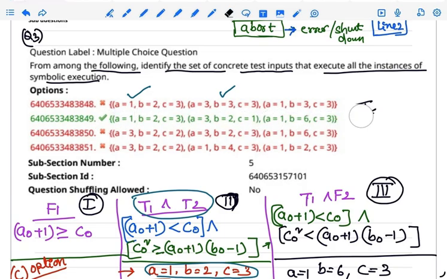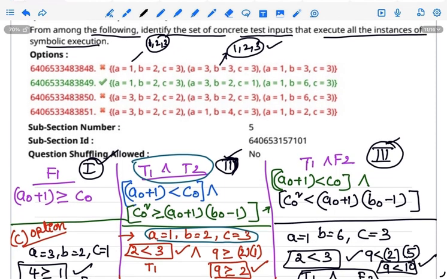So you can check. For this option you can check 3 instances, 3 conditions: first condition, second condition and third condition. These 3 conditions, 1 2 3, which one is satisfied, and this for 1 2 3 also. You can check for all the 3 conditions which is satisfied, the correct answer.